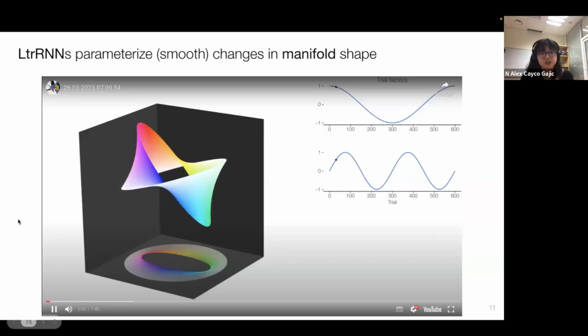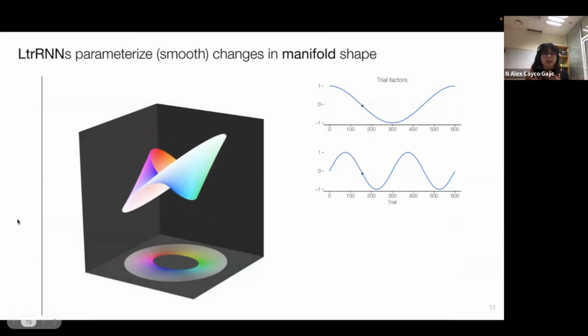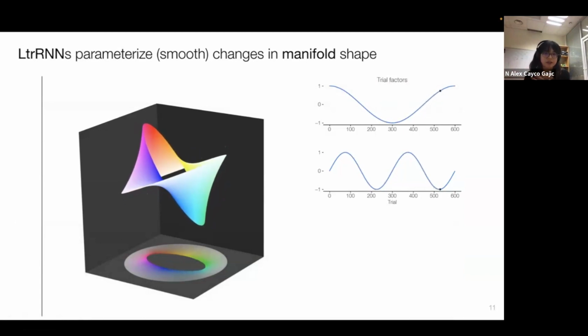And this is just showing you an example visualization of how we can visualize the changes in the geometry of the neural manifold across the entire experiment in the same latent subspace. So this is why we think this is very, very exciting, basically, to be able to show these changes in neural data.